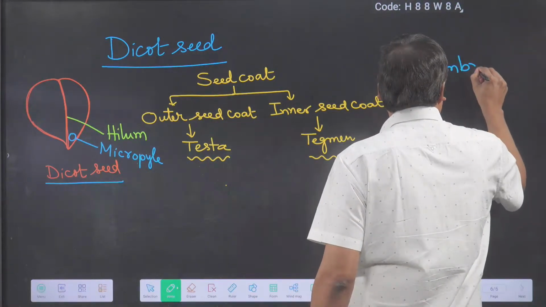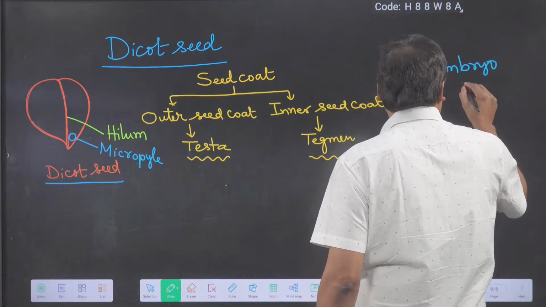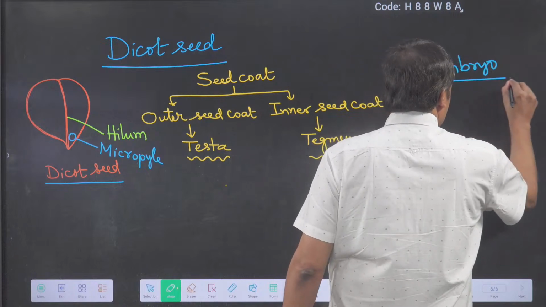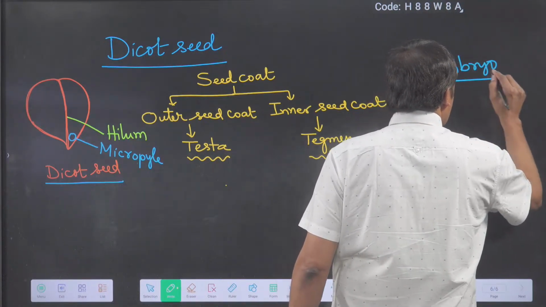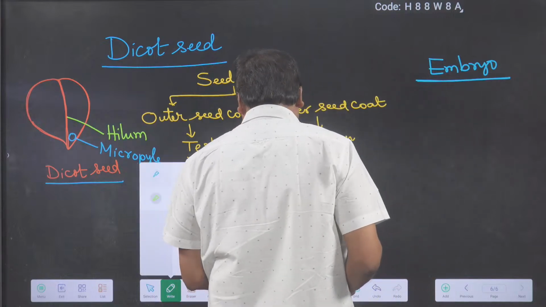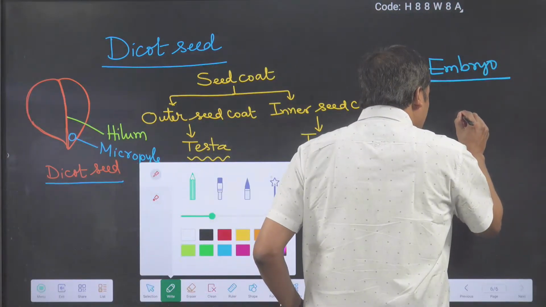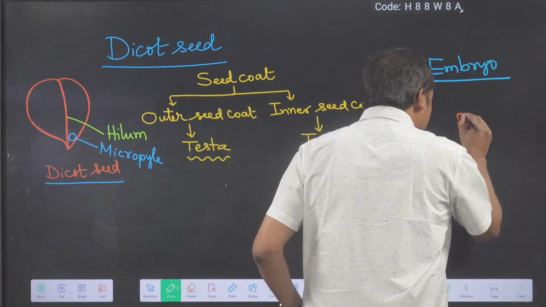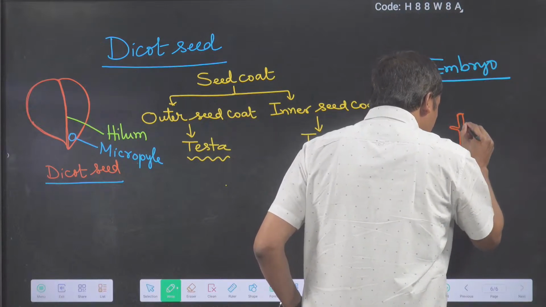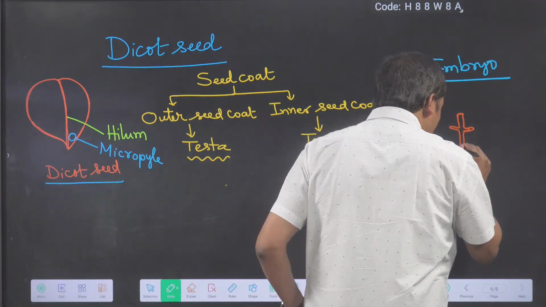The embryo contains two cotyledons, and the cotyledons are fleshy because of storage of food material.